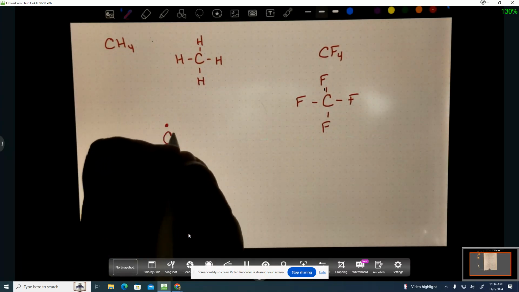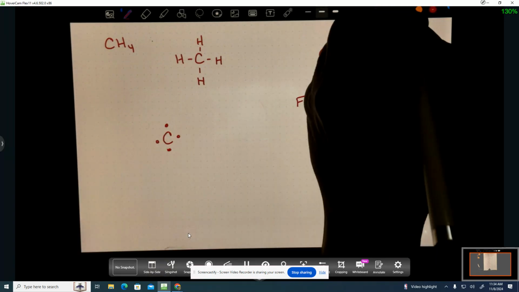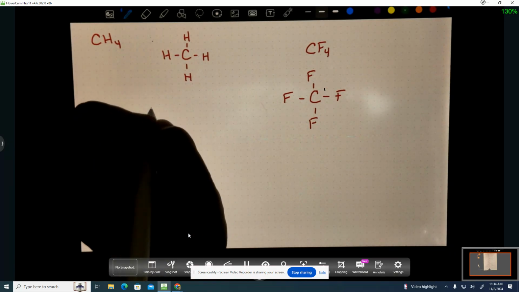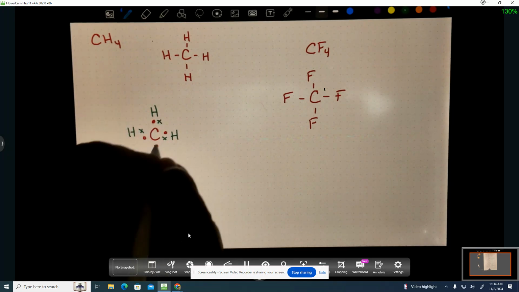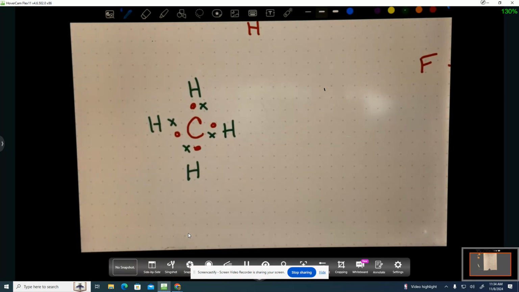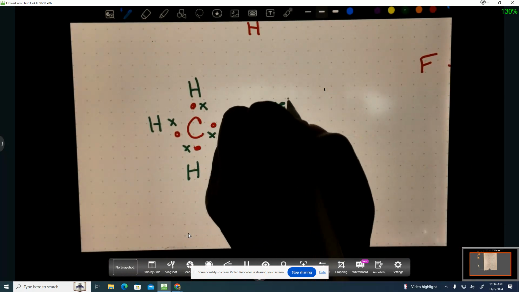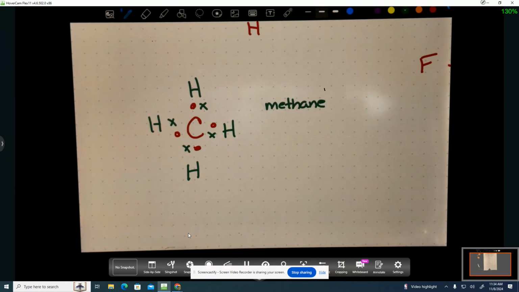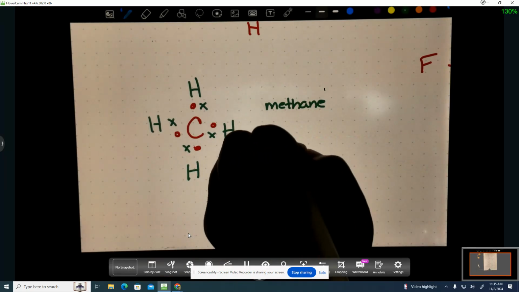Carbon has 4 valence electrons. Each hydrogen has 1. It's going to come in. They're going to sit right here to complete the shells of each one of them. That is going to be CH4, or methane. That's the common name for this. I asked you to start looking at that Ed puzzle that I put up there, where it's naming covalent compounds.